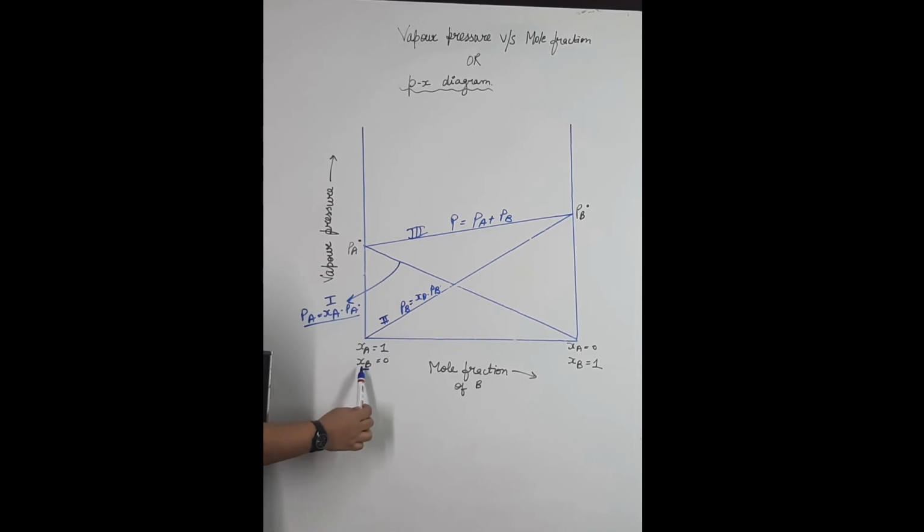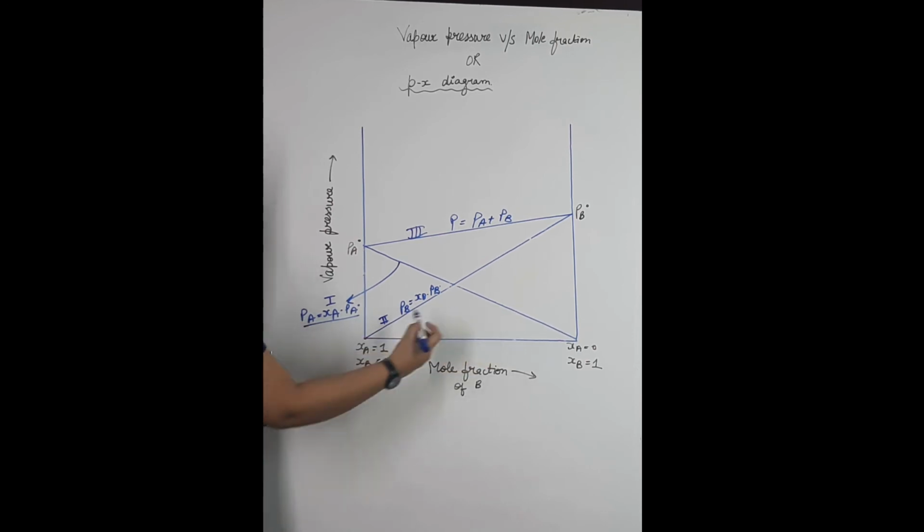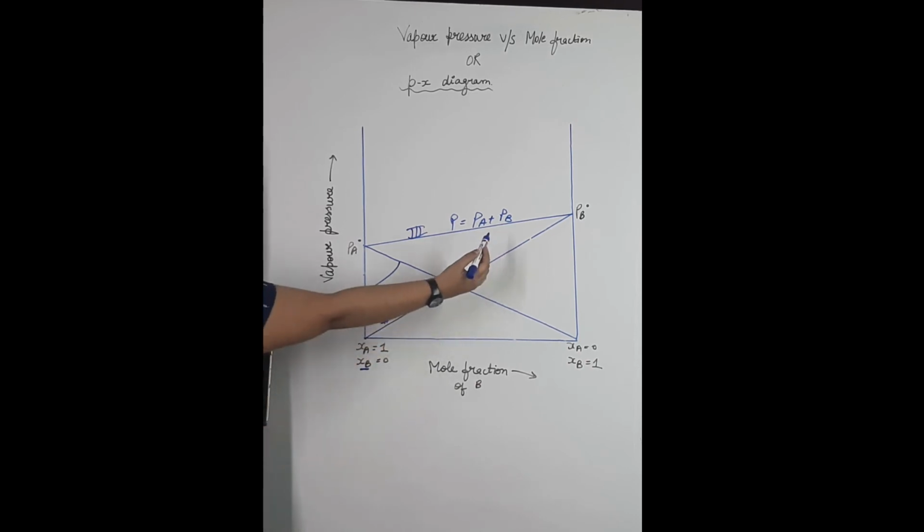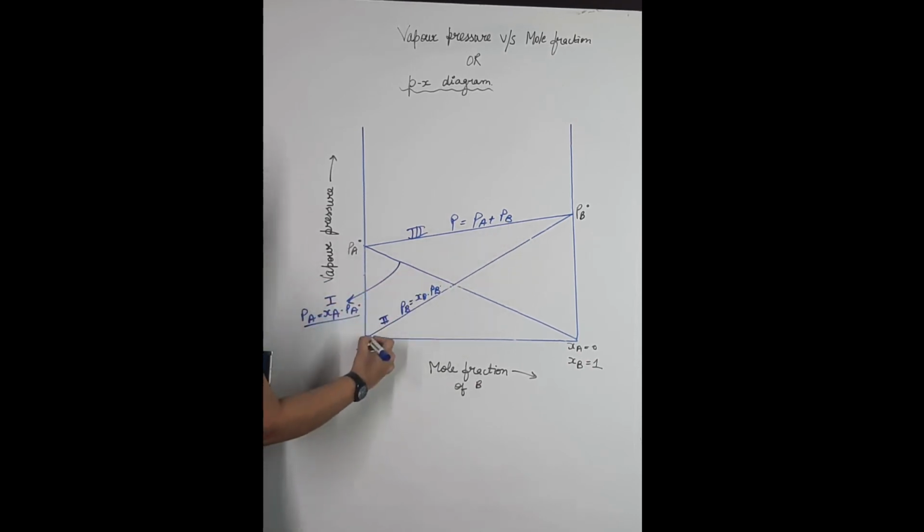Similarly, here the mole fraction of B is minimum, so the vapor pressure is also minimum, and as the mole fraction of component B increases, the vapor pressure of B also increases.